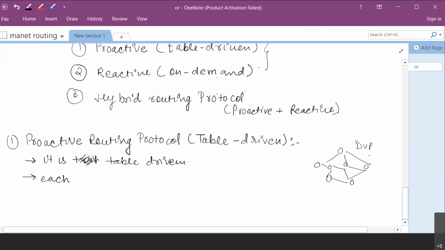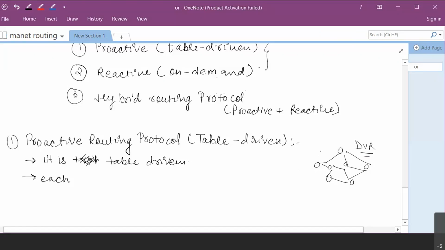In the DVR protocol, the traditional routing protocol, what happens? Each router has to maintain its local routing table, and after making the table, it has to distribute it to its one hop neighborhood. Then its one hop neighborhood distributes to its own one hop neighborhood, and so on, and the information is updated to all of the neighbors in a number of rounds.